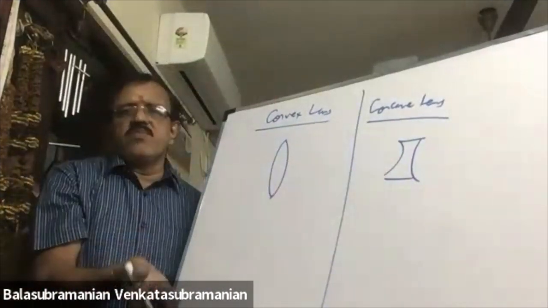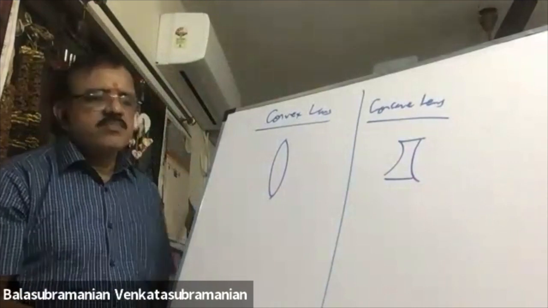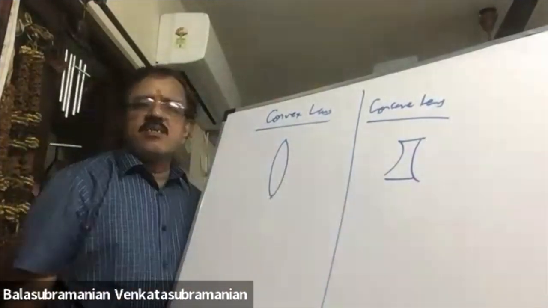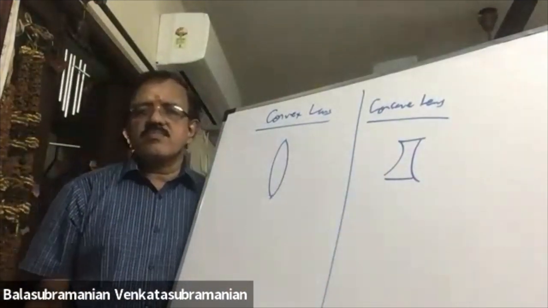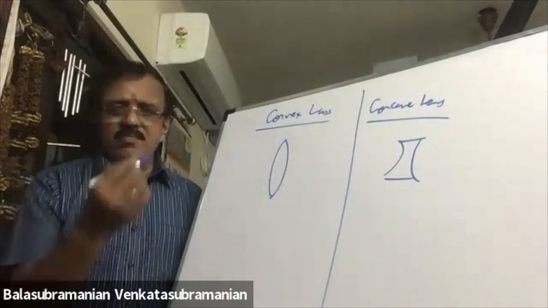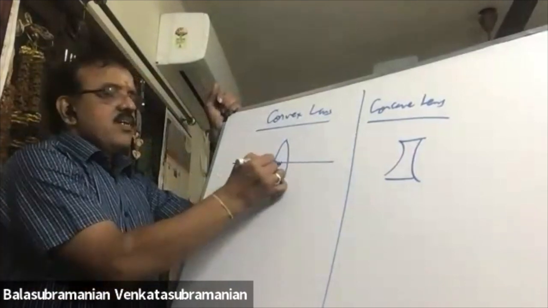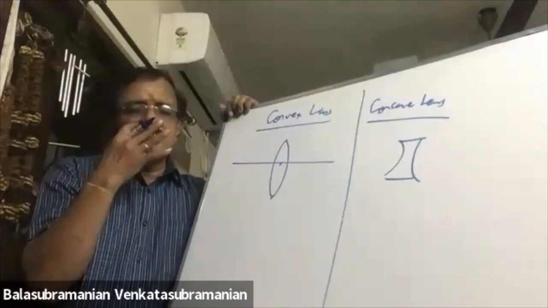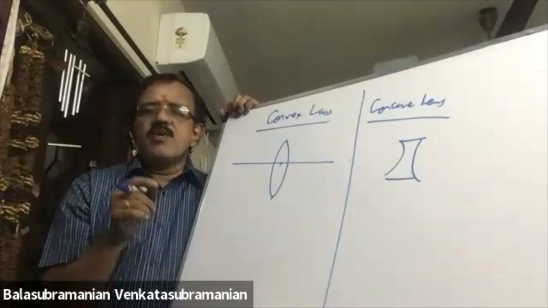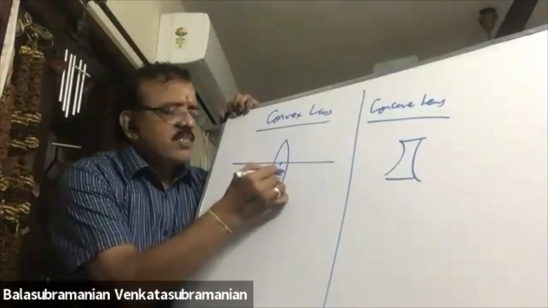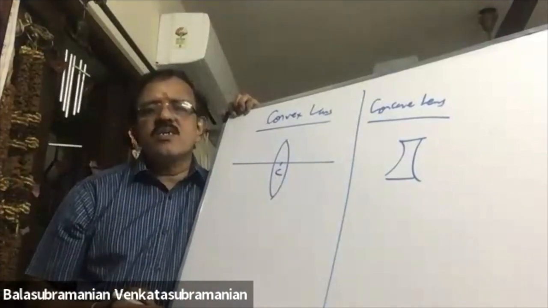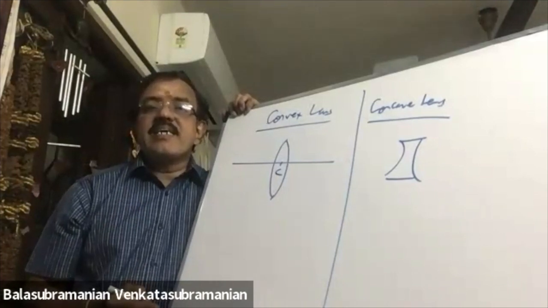Curved out, we call it convex. Curved in, we call it concave. Similar to what we have studied in mirrors. This is the principal axis. Most of the places they have put only P, but one or two places they have put this as C. This is known as the optic center.